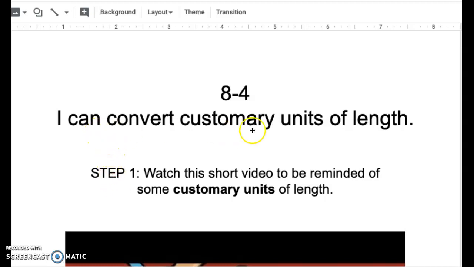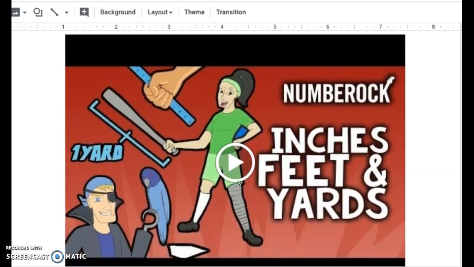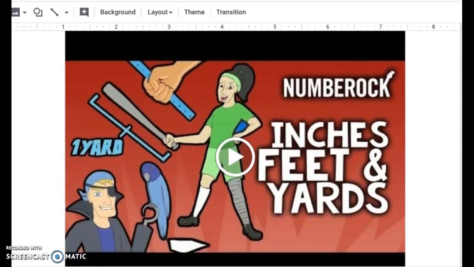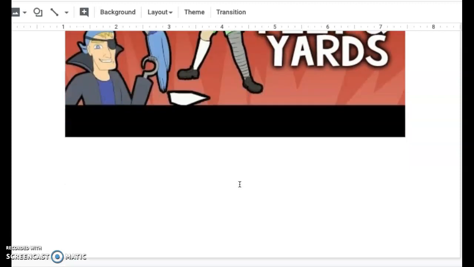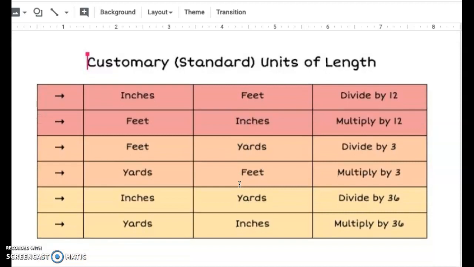You can see our teaching point here, and step one, you will simply watch the video. It's kind of a funky one, just to get your brain used to the inches, feet, and yards again. As you scroll on, you're going to see today that I do have another chart for you, but it certainly is not as easy to use as the metric system, where we can slide to the right and the left.